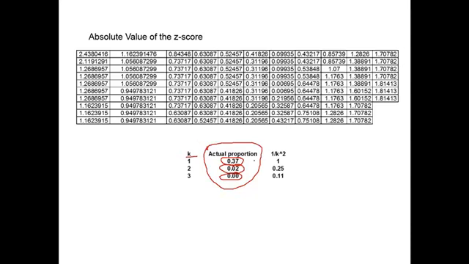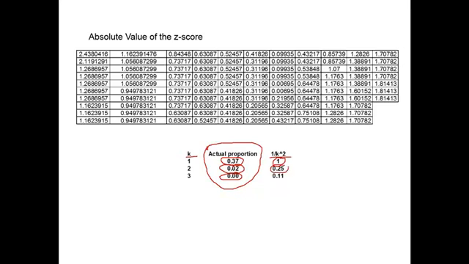Now this right here gives us the Chebyshev estimate. What Chebyshev said is, you could theoretically have 100% of your data more than 1 standard deviation away.